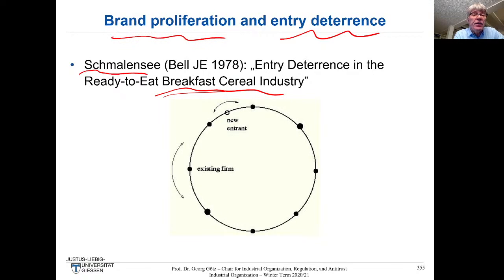What does this mean? There are existing firms located on this circle, and suppose to begin with there are only 4 firms. Now you see there's really a large space to enter.